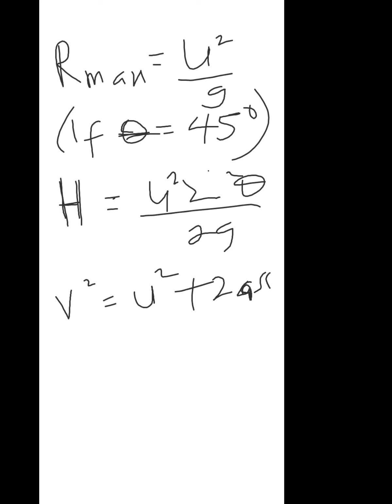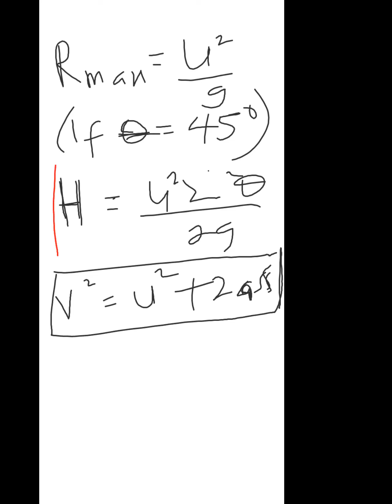This is the fourth equation of motion. You can use this one to derive this equation I'm putting in red, okay? So I'm going to stop under projectile motion there.